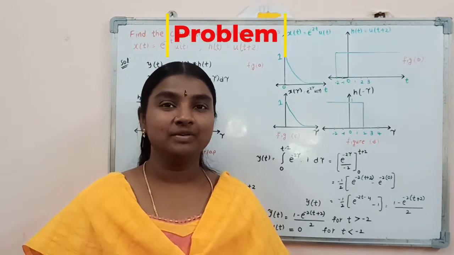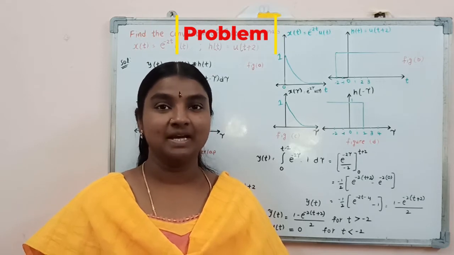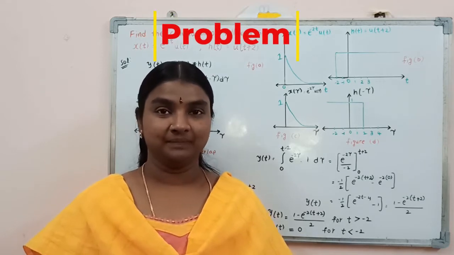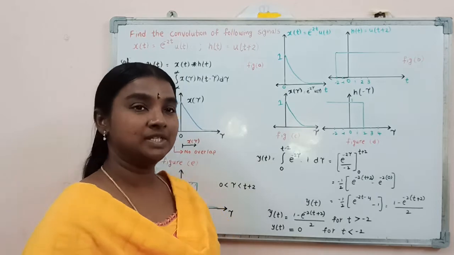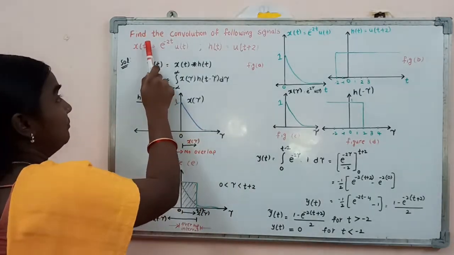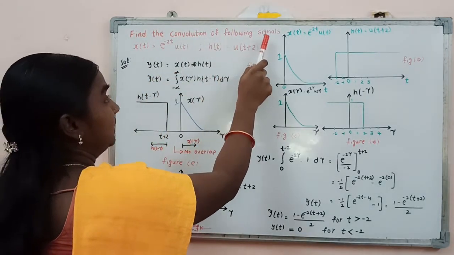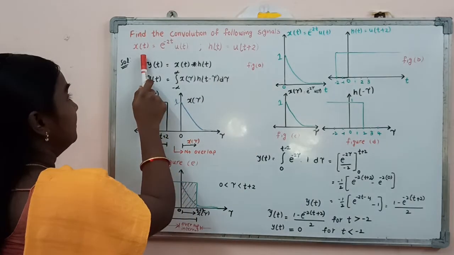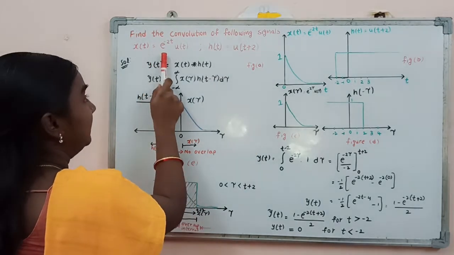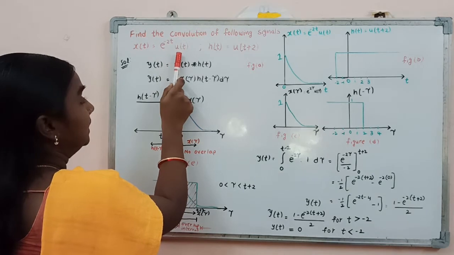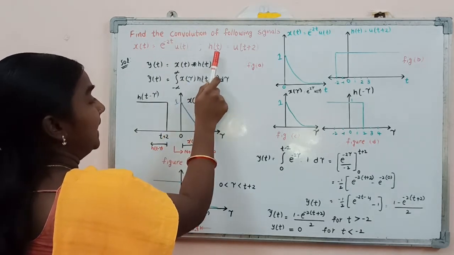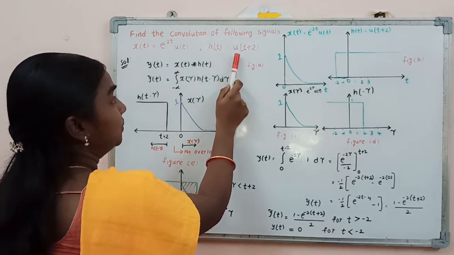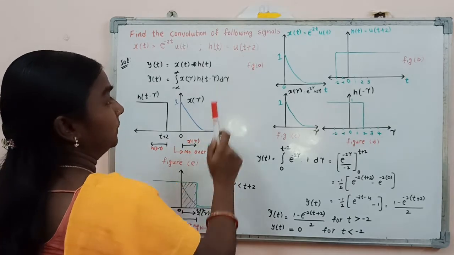Now, we will perform graphical convolution on one example. Here is the question. Find the convolution of the following signals. X of t is equal to e power minus 2t into u of t. H of t is equal to u of t plus 2.